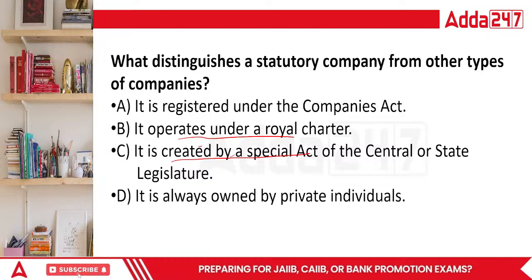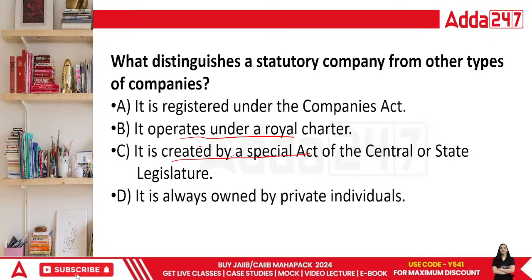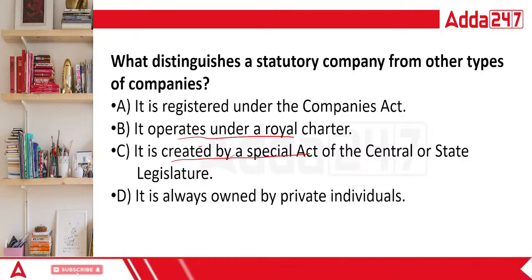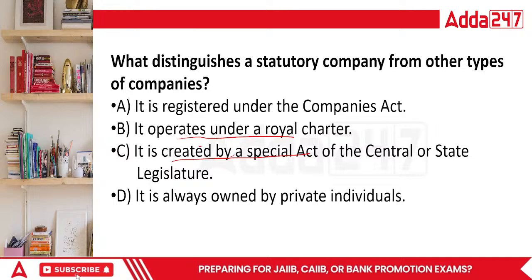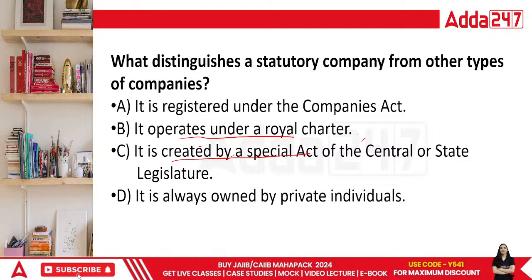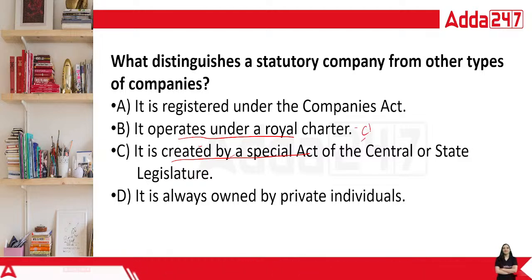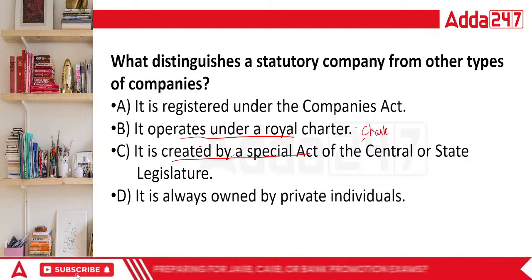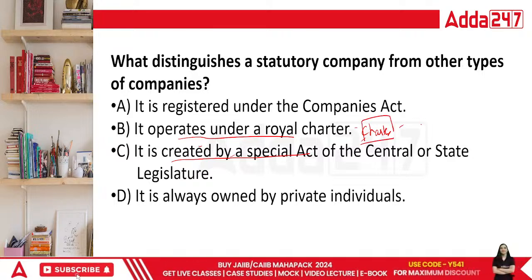When we talk about Royal Charter, this is as per the Queen. As per Queen, only one kind of companies are existing at this point of time, that is your chartered companies. So I don't even know whether these companies are existing in our country, so there is no more. The companies which are formed under the charter are called chartered companies.